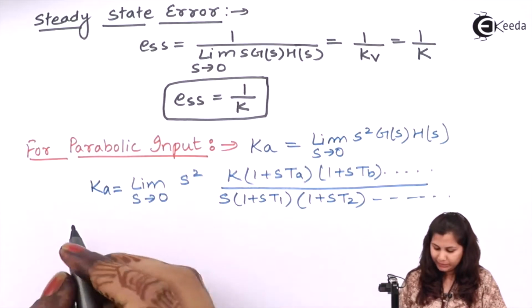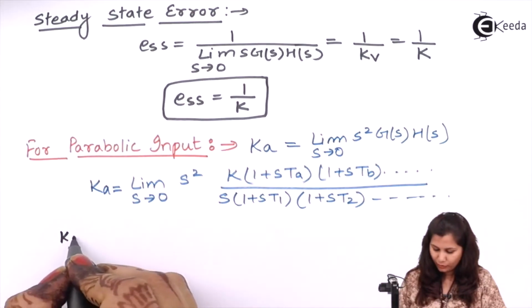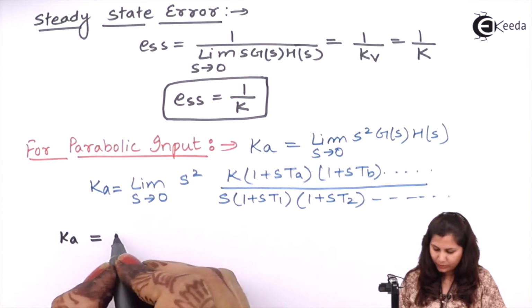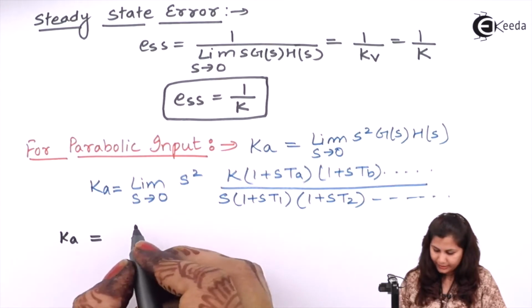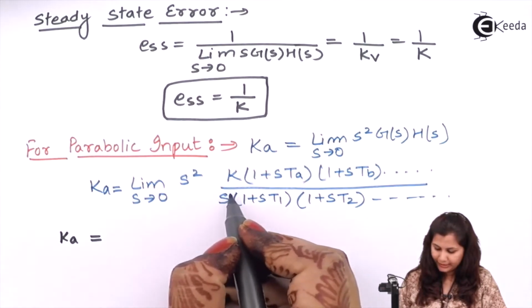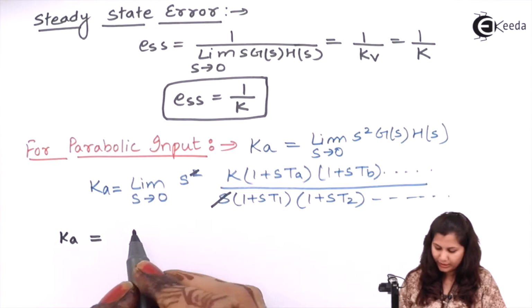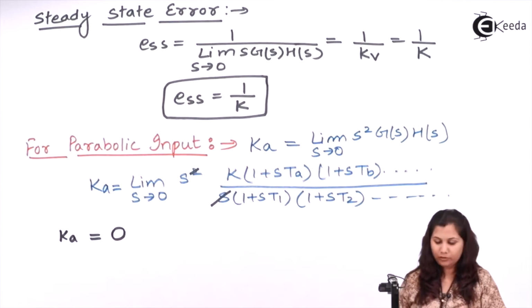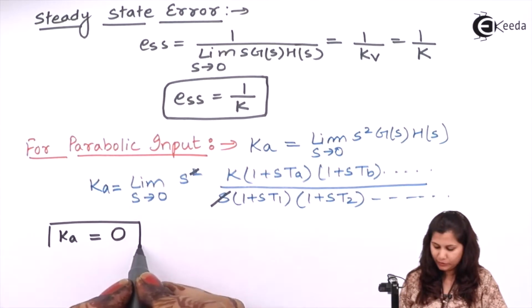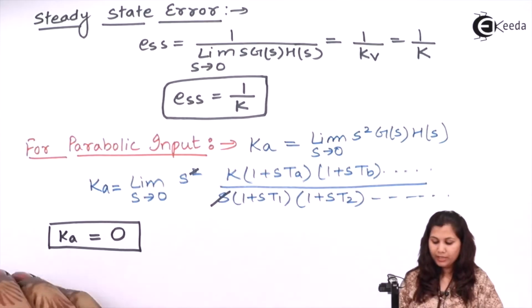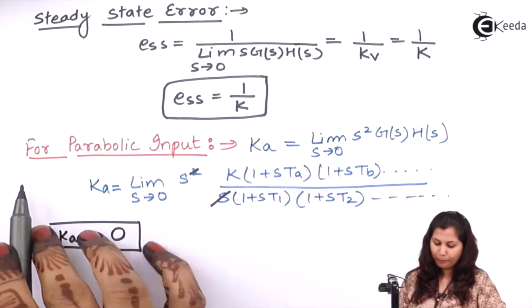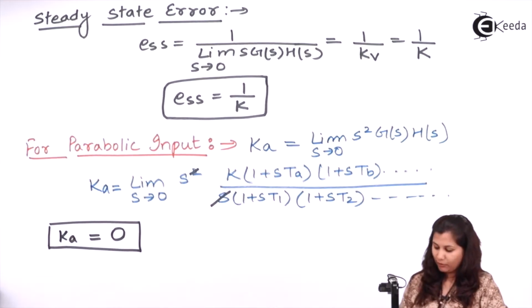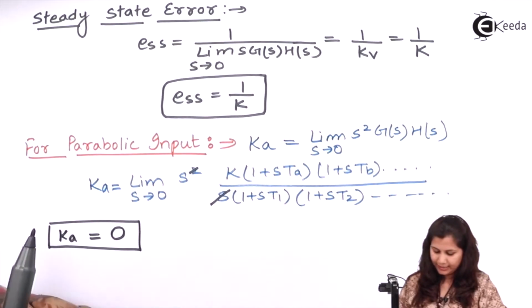So applying the limits, we have the acceleration coefficient Ka equal to this limit. When we put s, this s will be cancelled, and when we put 0 here, this whole term will become 0 and Ka will be equal to 0. So for type 1 system and for parabolic input, we have the constant Ka as 0.